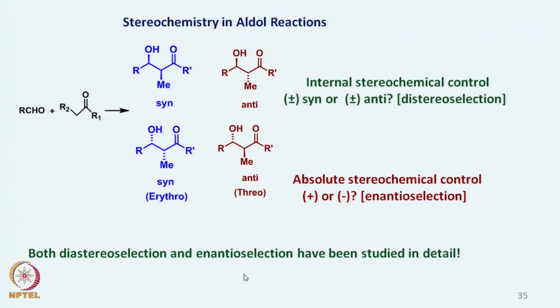Now, regarding the stereochemistry in aldol reactions, one can see that we can get a syn product, as I mentioned, but its mirror image will also be present as the corresponding syn product, and in a similar fashion we can have anti and also its mirror image. So basically there has to be an internal stereochemical control, which will lead to diastereoselection.